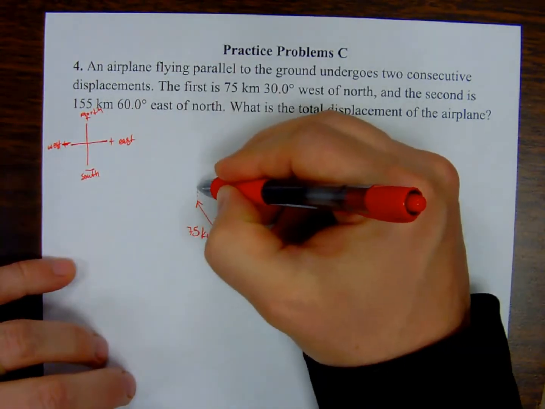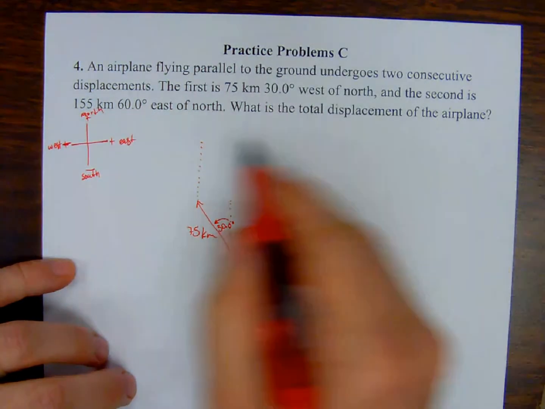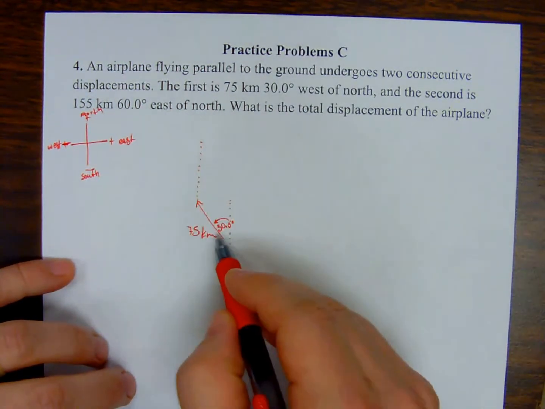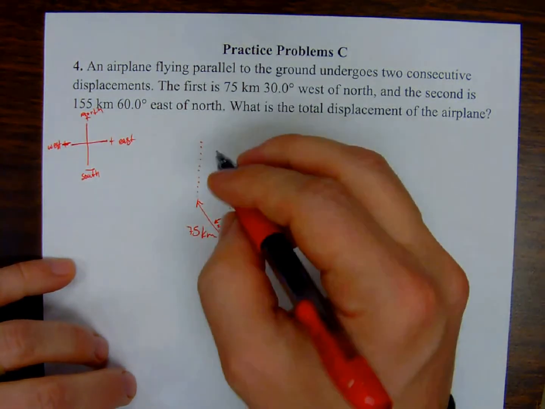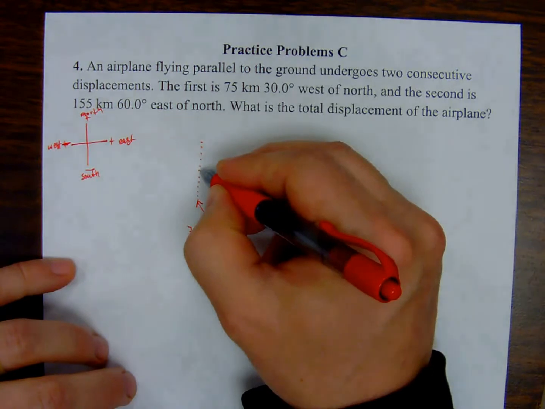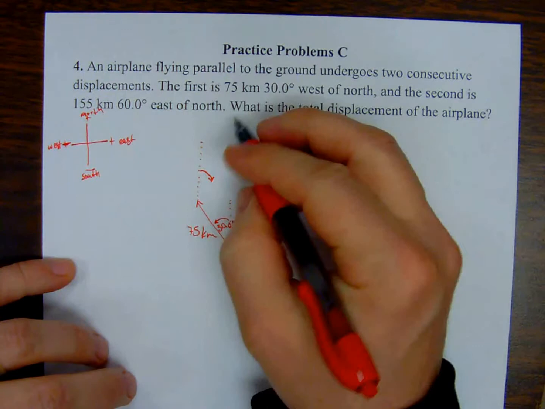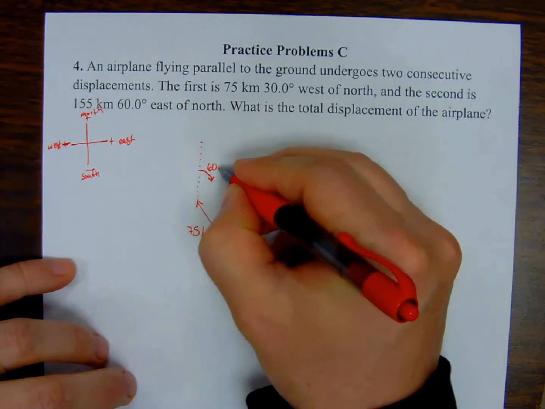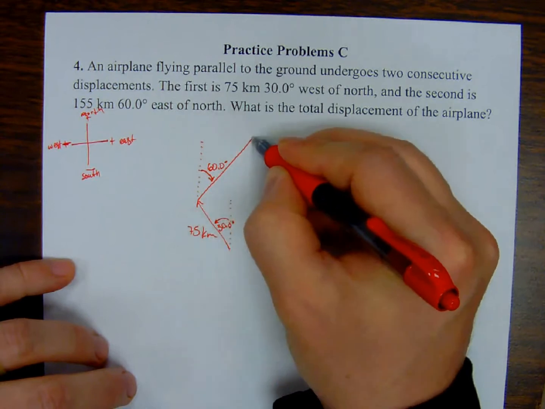Not from the original direction, from east of north. So that means we're going to be going this way. How much? 60 degrees. So 155 kilometers. Alrighty.